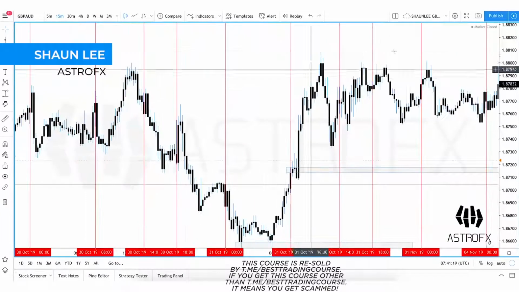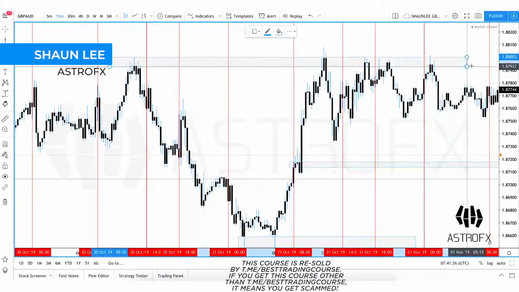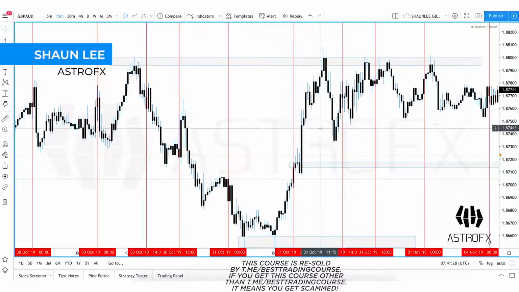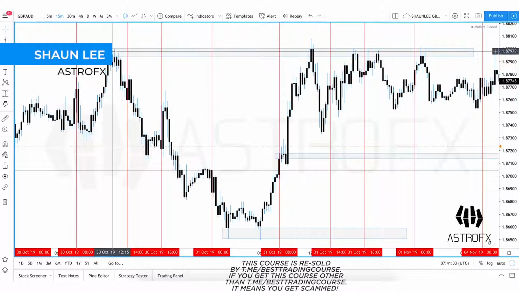Where I can see this price reacting to is the previous London highs. Let's mark on the previous London highs across here. So in London, look what London's now done again. It's respected the previous London high.